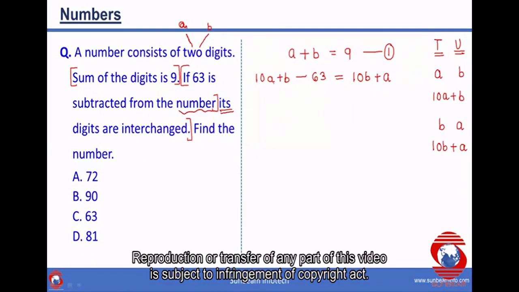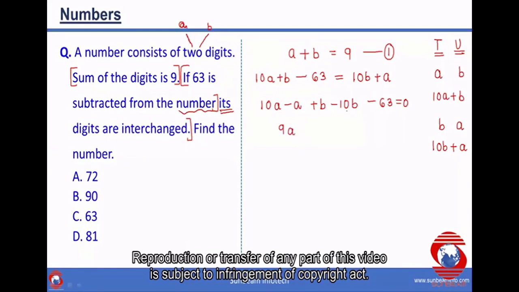So can I write this in a proper way, or can I rearrange it in a proper way? Yes. So let's take A to one side. This A I took here, this B I kept as it is, and this 10B I took to this side, right? So can I say 10A minus A minus 10B plus B minus 63 is equal to 0? So can you tell me 10A minus A is what? Can I write it as 9A?